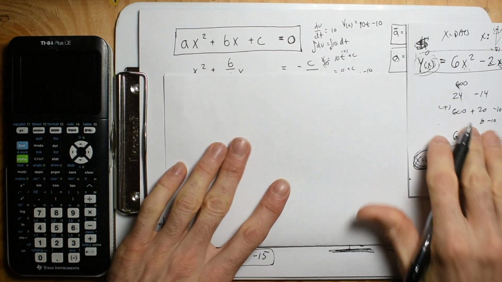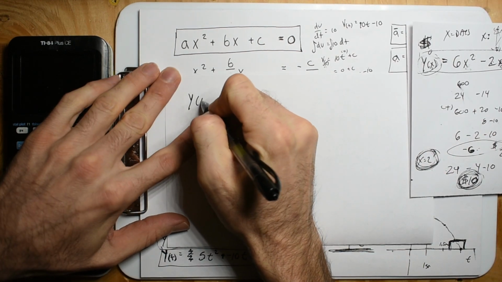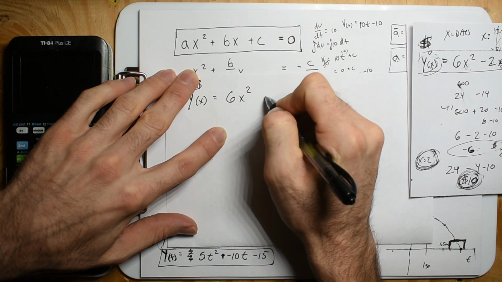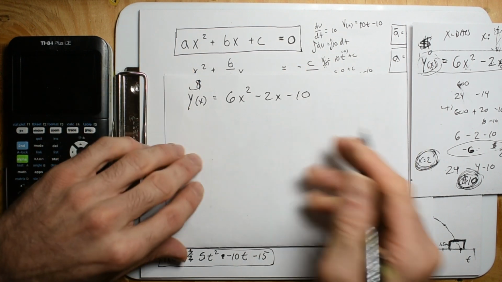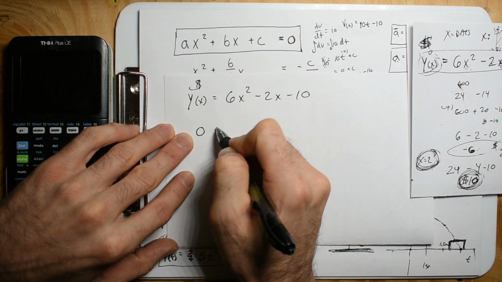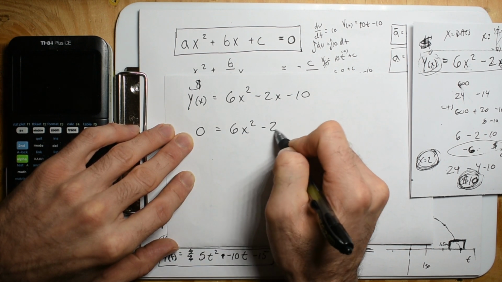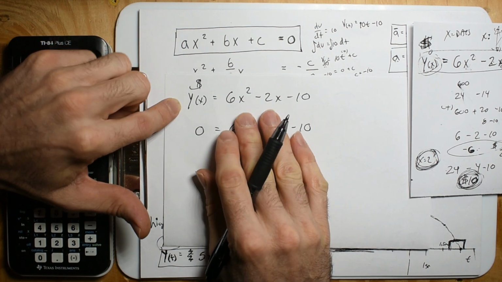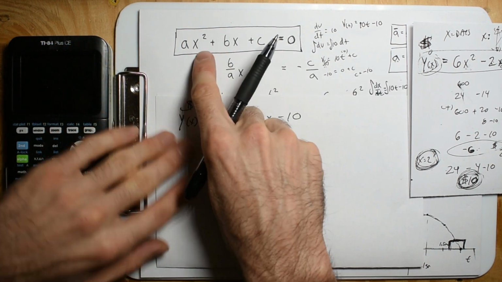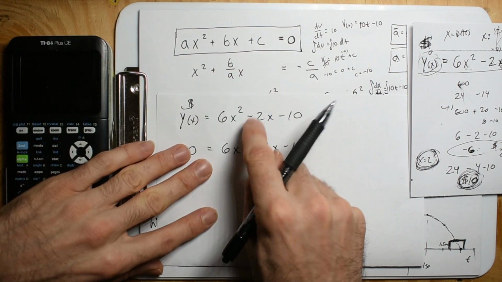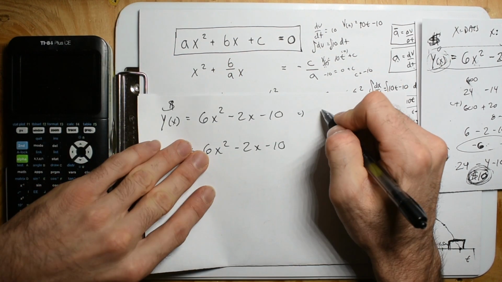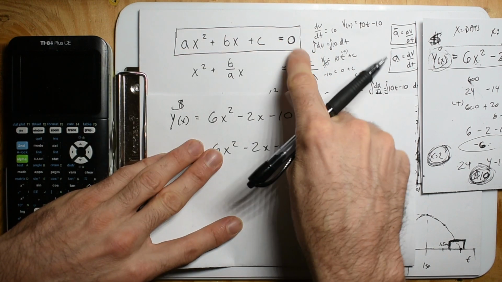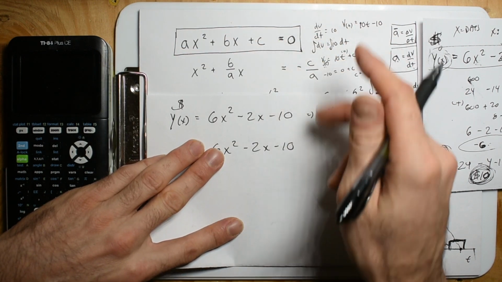But this is a huge difference: this function is the money you're making, x is in days, minus 10, compared to 0 is equal to 6x squared minus 2x minus 10. With this equation, the first thing we do is divide by a, and you have to divide by a everywhere, even the 0.